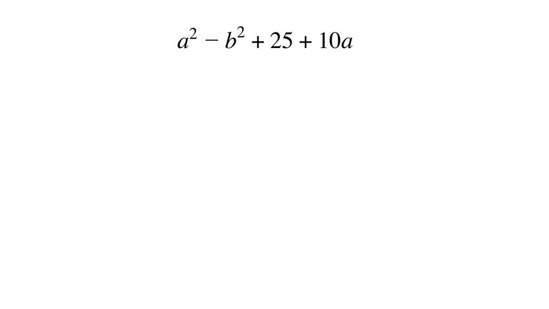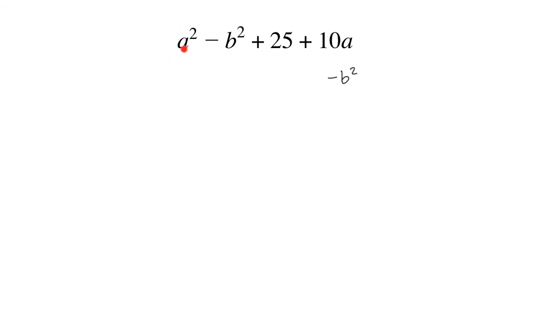So if you're coming back to the video, hopefully you've noticed that you may need to do some rearranging in this expression here. There's a minus b squared here. It's the only term that has a b, so I'm going to take that out and write it at the end. So really I'm just moving it away. And then we have a squared plus 25 and plus 10a.